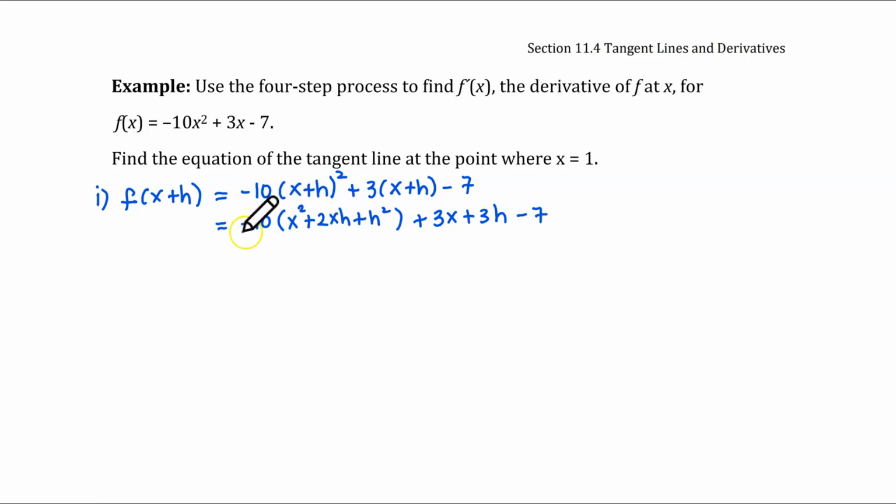And then distribute -10 to each term inside these parentheses. So you have -10x² - 20xh - 10h² + 3x + 3h - 7. Then next you simplify. You combine similar terms if there's any. In this case, there's no similar term.